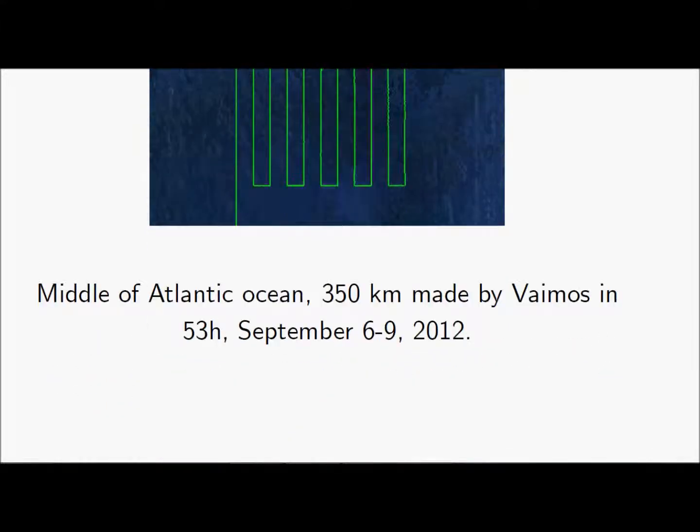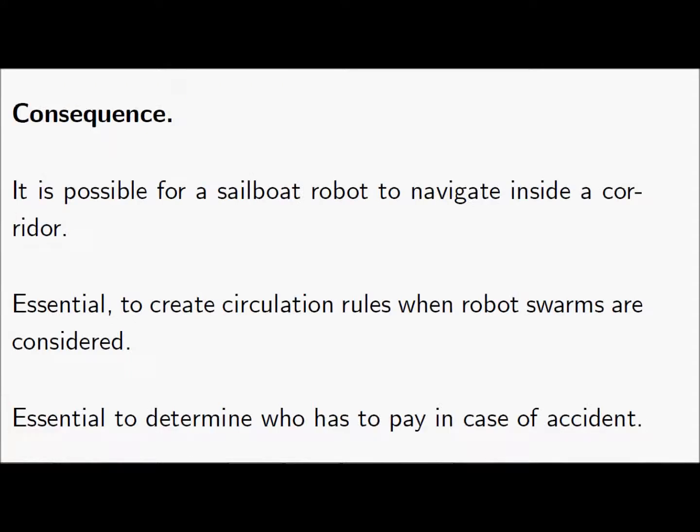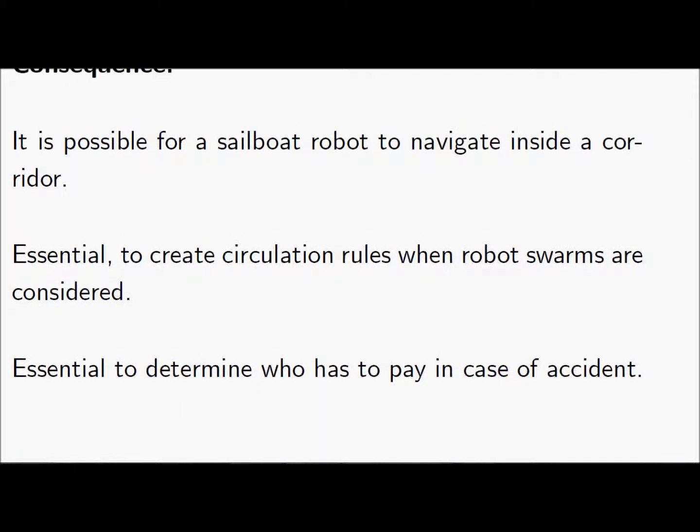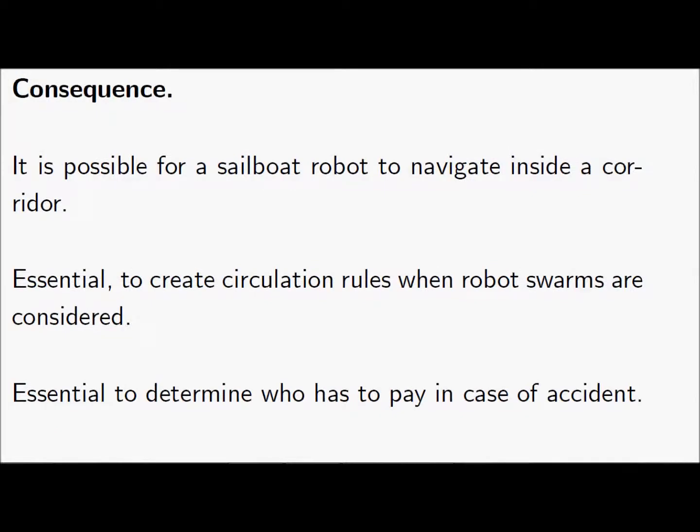So the conclusion, which is important, is that we have proved here that it was possible for a sailboat robot to stay inside the corridor and to accomplish a mission. And we have a proof that it will stay inside the corridor, but via a model. This model is an approximation of the behavior of the boat. And this is essential when we will deal with thousands of robots.